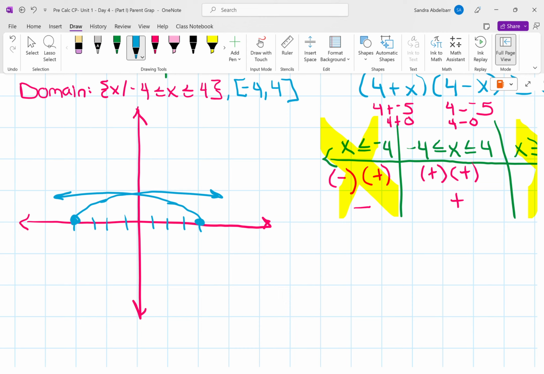Good. That's the whole point of the domain, right? It's telling you if I go past -4, if I go past +4, it's going to make a solution that's not a real number. That won't work for us. So how does this look? This looks like 2 shooting stars that are coming and meeting, just like that.